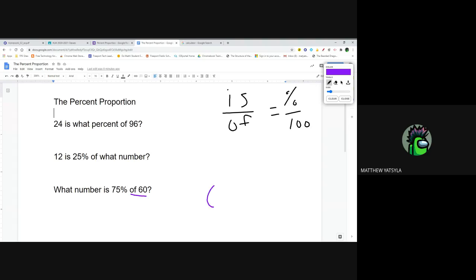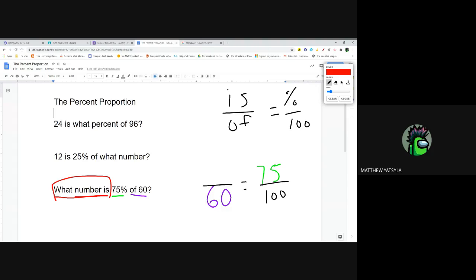So our 60 is at the bottom. Put the rest of our proportion in. Now we're given our percent, which was 75%. And now we're looking for our is, because it says what number is. So there's your question, what number is?